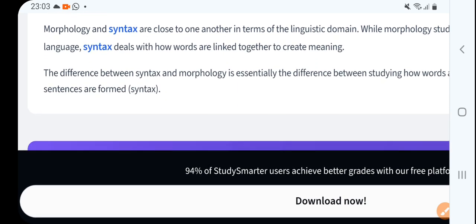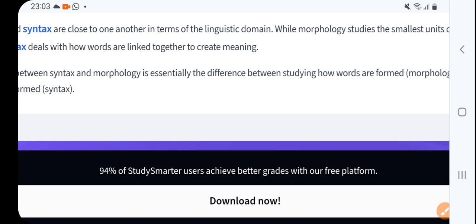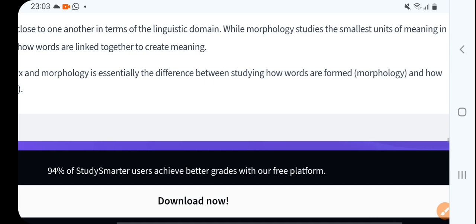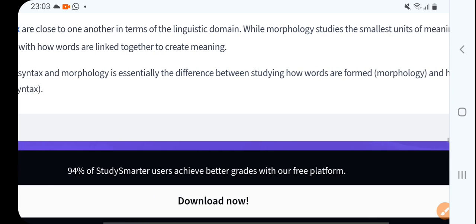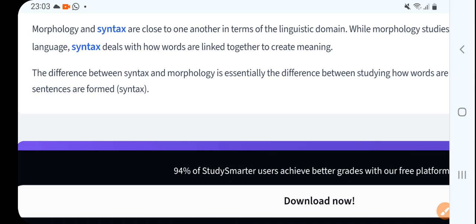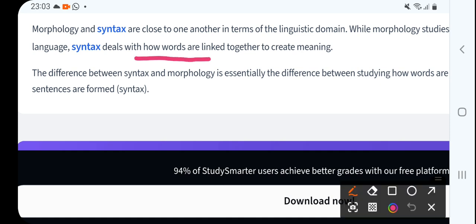Now morphology and syntax are close to one another in terms of the linguistic domain. While morphology studies the smallest unit of meaning in the language, syntax deals with how words are linked together to create meaning. So what is syntax?